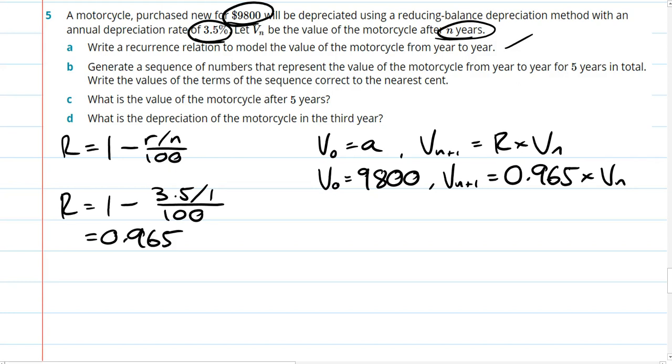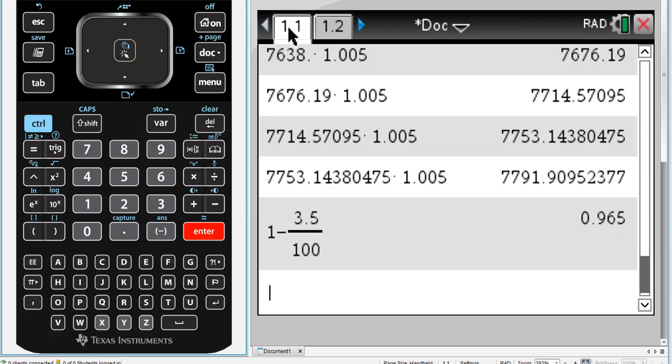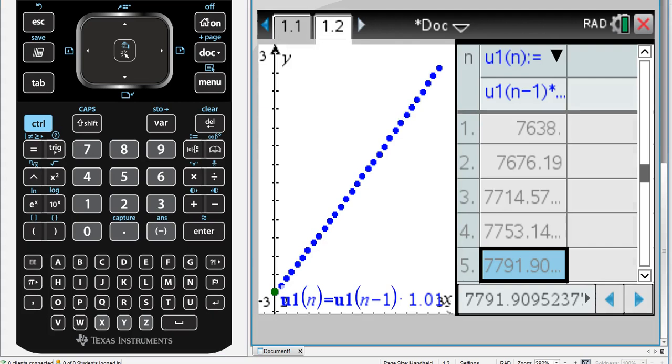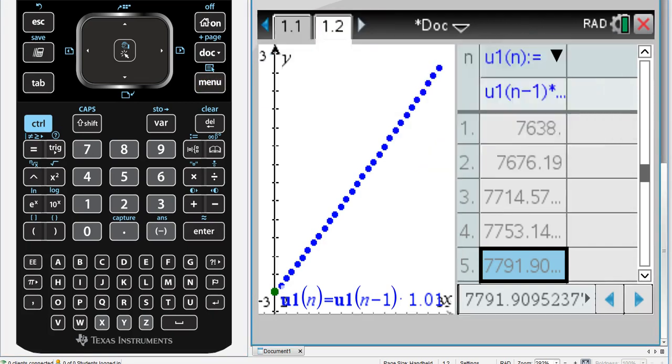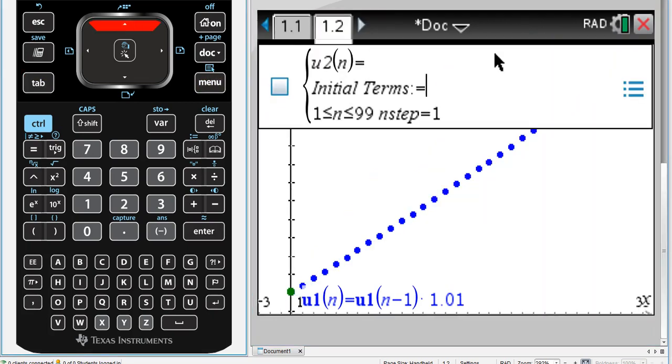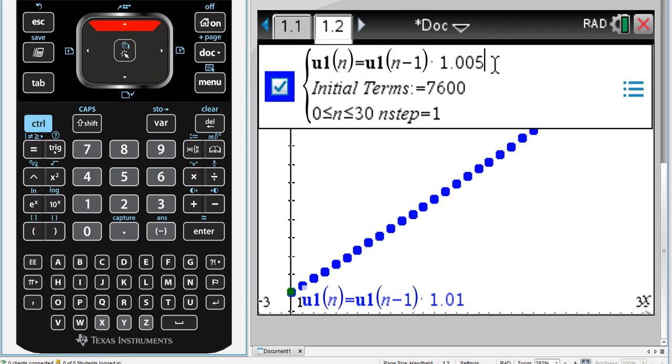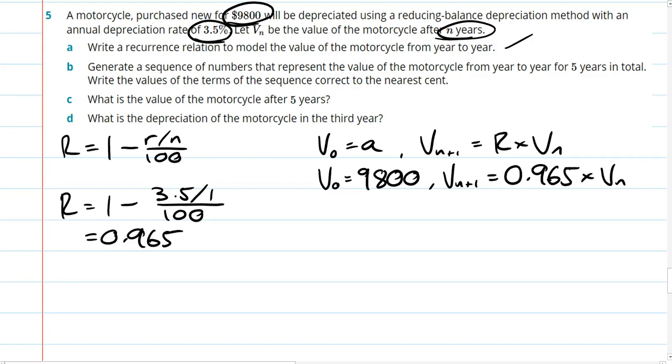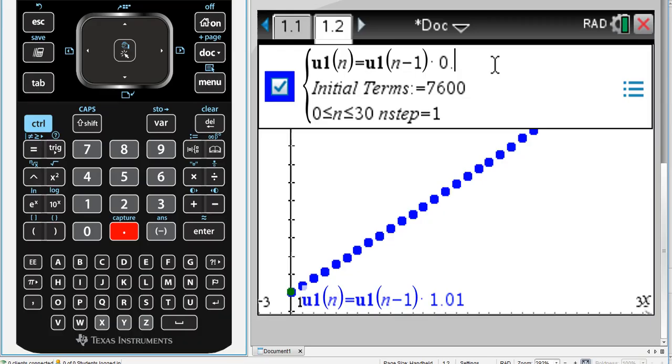Generate a sequence of numbers that represent the value of the motorcycle from year to year for 5 years in total. Write the values of the terms correct to the nearest cent. So to save me the effort, I'm going to put that into my calculator. I'll go to the graph and close that table. Go back to the previous table here, and this time I'm multiplying by 0.965.